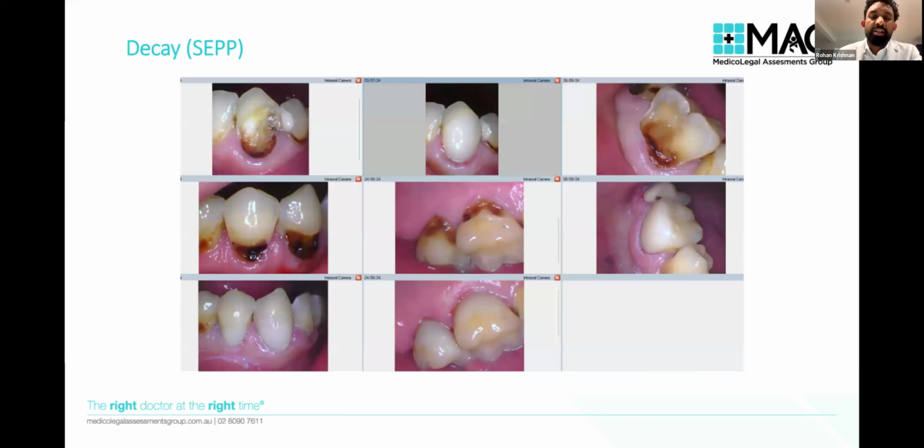A picture like this tells a story of rampant extensive decay, and if there are pre-existing photos or radiographs or a history of no decay before this, and immediately after a workplace injury we see decay like this, and there's a double confirmation with their salivary gland testing, then we can make a pretty good determination that there is a compensable disease entity occurring.